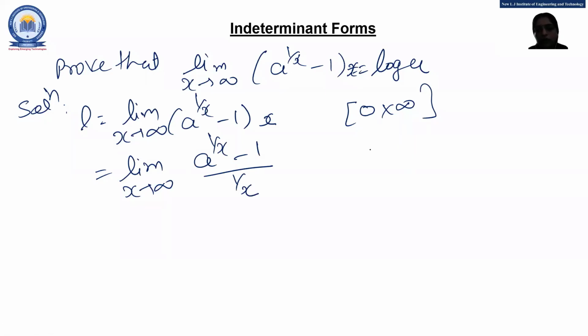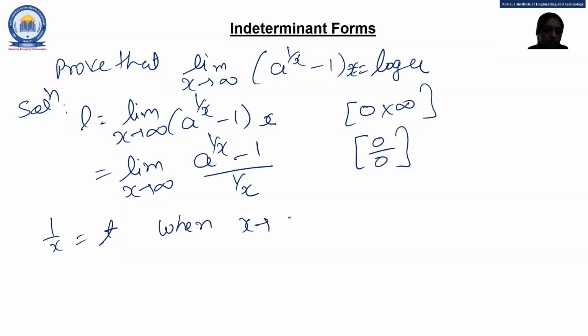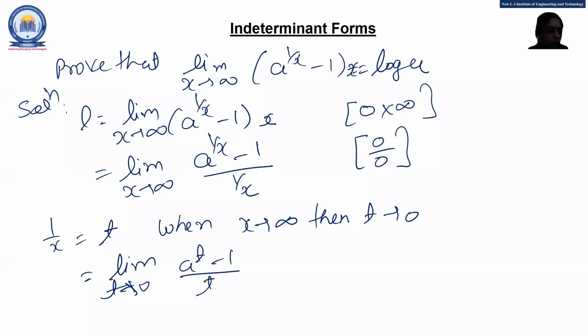So this 0 into infinity form is converted into the 0 by 0 form. As this is the 0 by 0 form, for the solution of this question, I am taking 1 by x equal to t, where x tends to infinity, then t tends to 0, right? So limit t tends to 0, as 1 upon x is t, of (a raised to t minus 1) upon t.